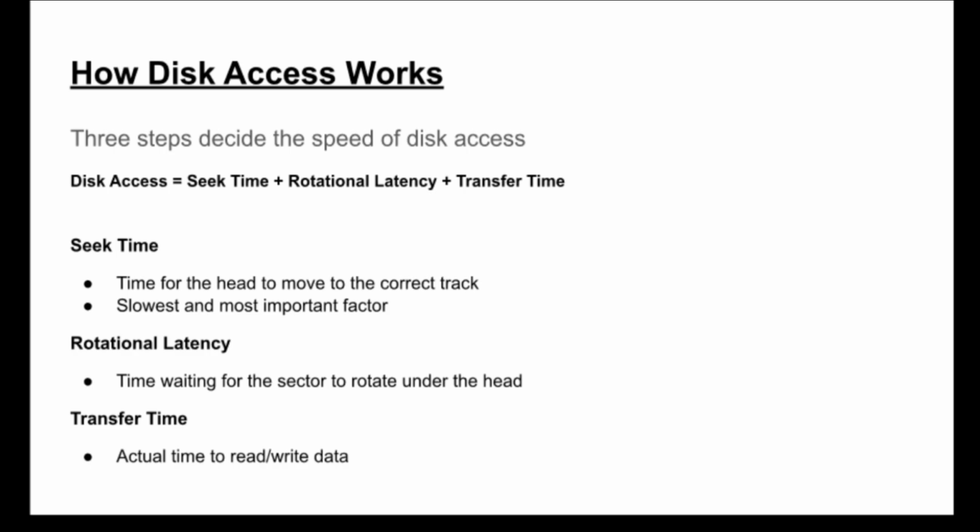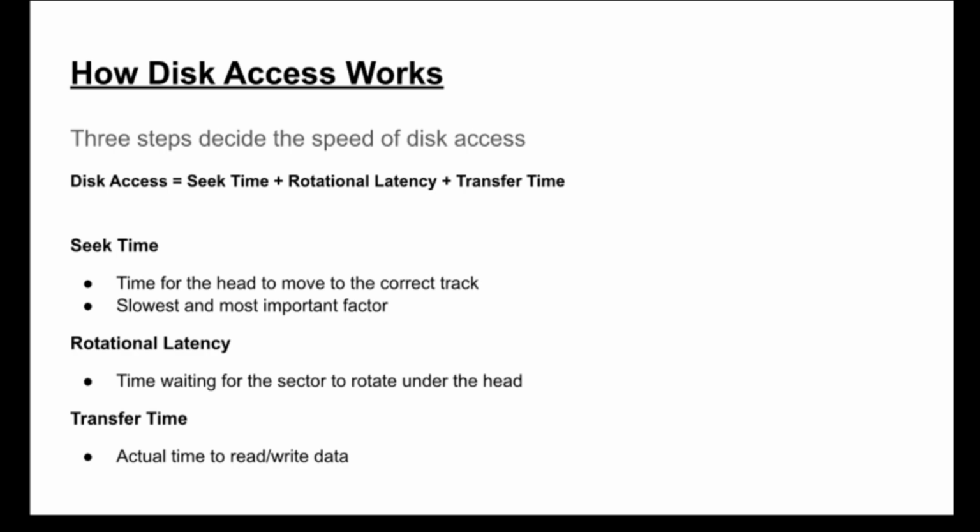So now let's look at how disk access works. The speed of disk access depends on three important times: seek time, rotational latency, and transfer time. Seek time means the time taken for the read or write head to move to the correct track. This is the slowest and most important part.